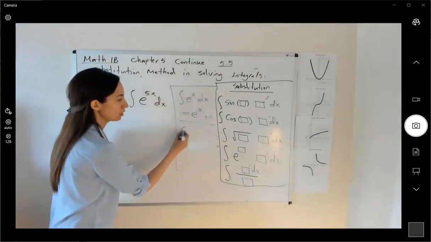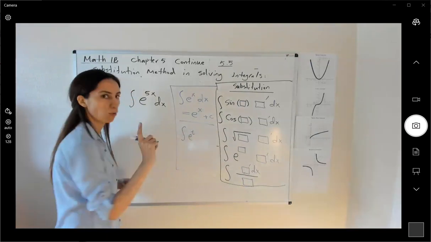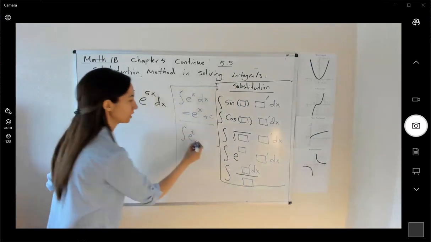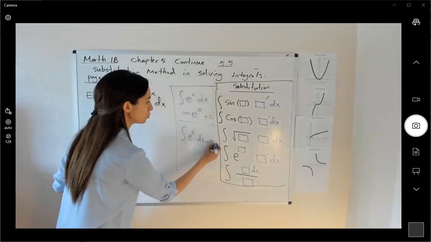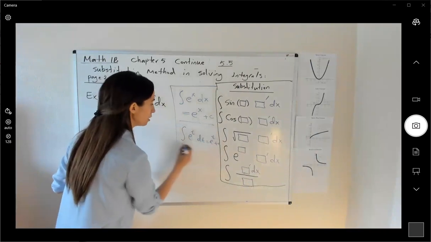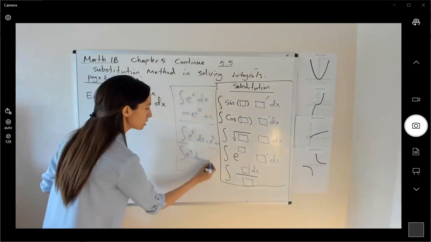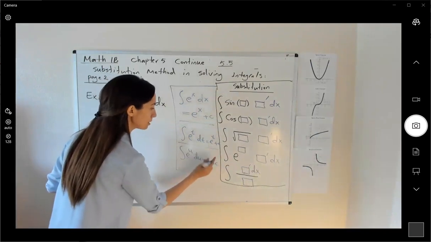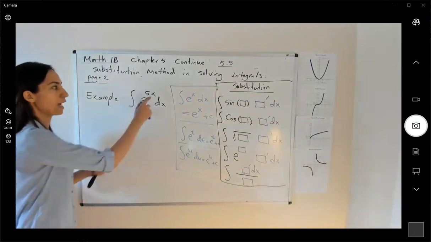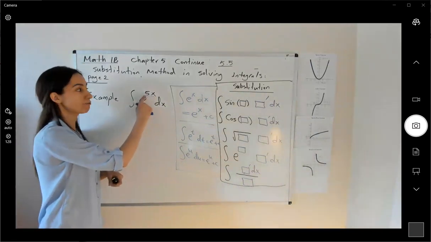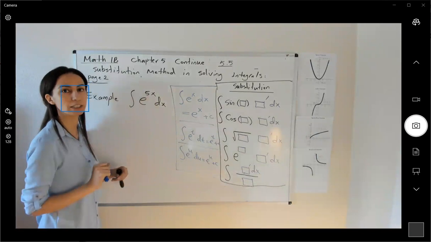If you have the integral of e to t, one variable, not a function, dt is e to t plus c. If you have the integral of e to u, du is e to u plus c. Here you don't have a variable. It is 5 times the variable.